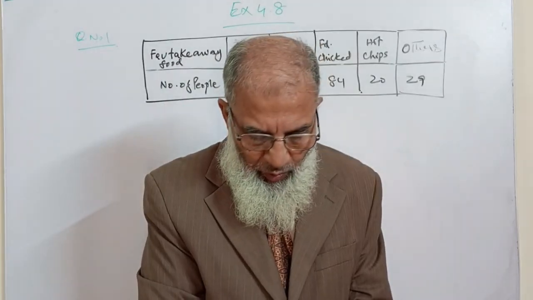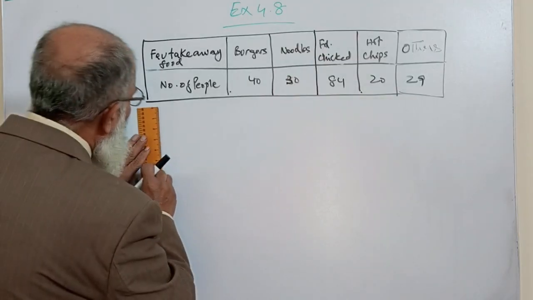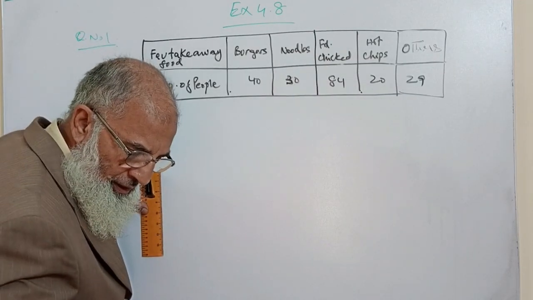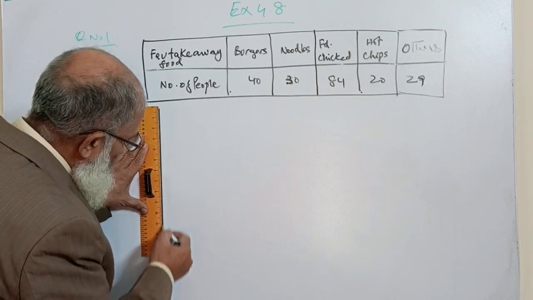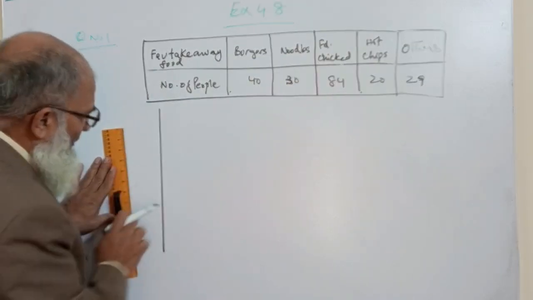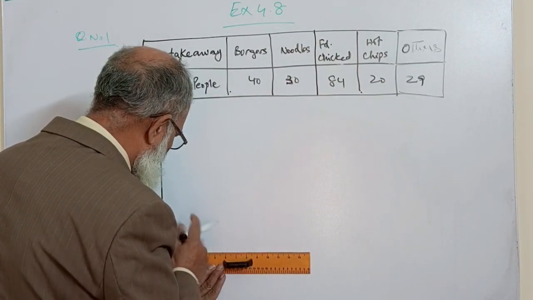Now see how we are going to make it. So let's start. We begin with the two axes: this is the y axis, and this is the x axis over here.